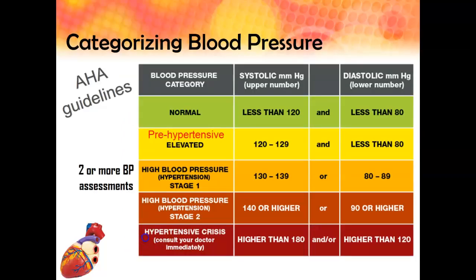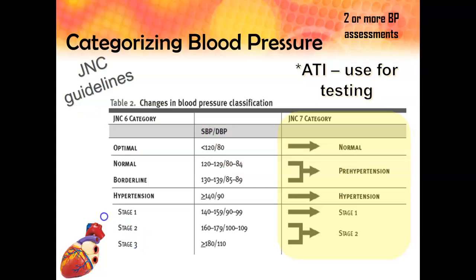This is the AHA guidelines, what you need to understand. There are a couple of different measurements for testing purposes and what ATI uses. I want you to focus on this next slide, which is the JNC guidelines. Optimal is blood pressure less than 120/80. This is considered normal.